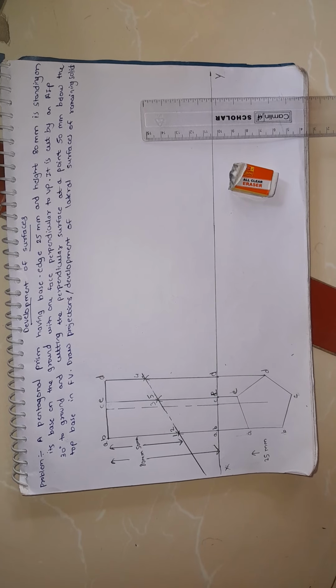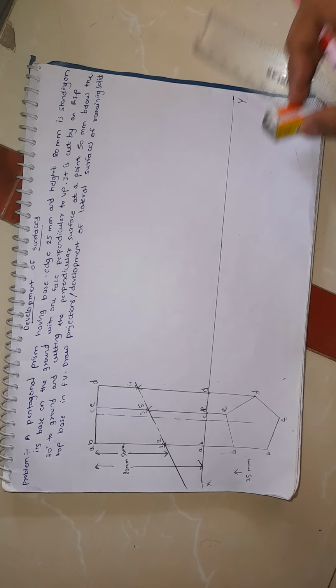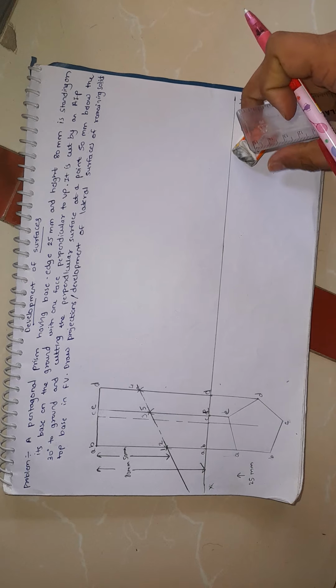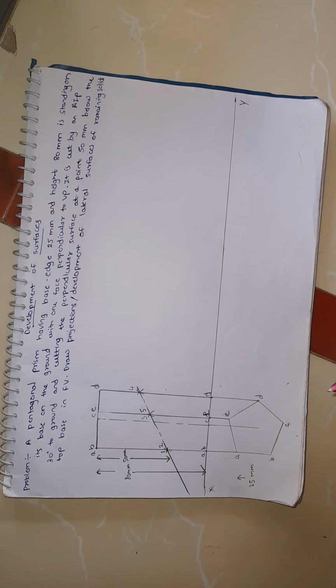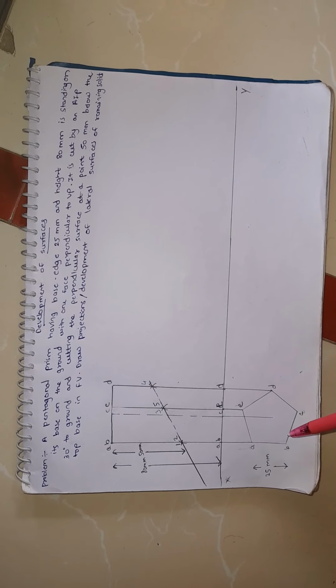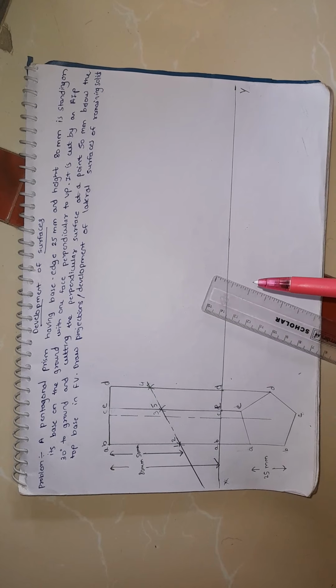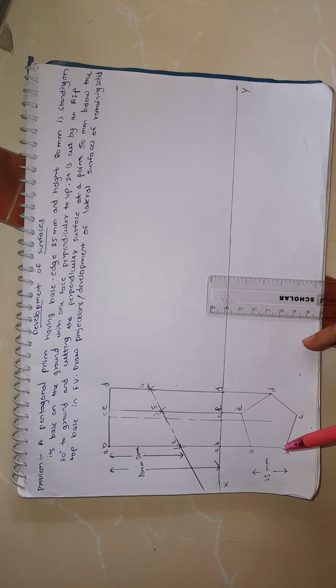Now we have to draw the development. For the development, a line on XY we have to draw. So we have to draw the perimeter of this pentagonal prism. The perimeter of a pentagon is the number of sides into its base edge measurement. So 5 into 25 is 125.